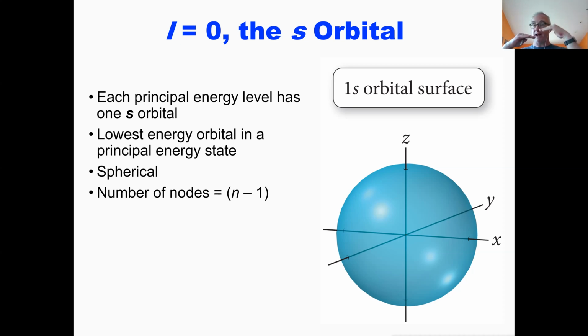So we start in 1s, and we put our 2 electrons in there. And then we go to 2s, and we put our 2 electrons in there. And then 2p, because that's the next highest. So S is the lowest energy state in any particular shell. So we always start with S. S is the very first place we put electrons when we add a new shell.